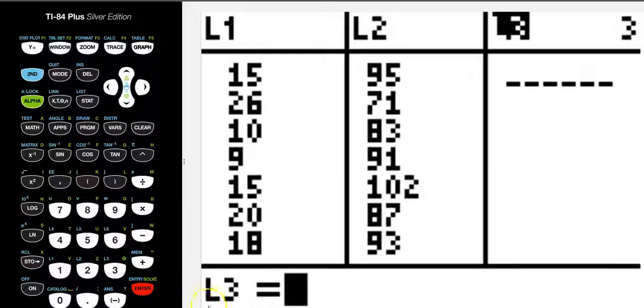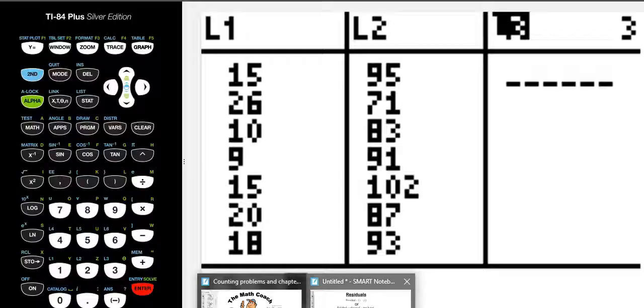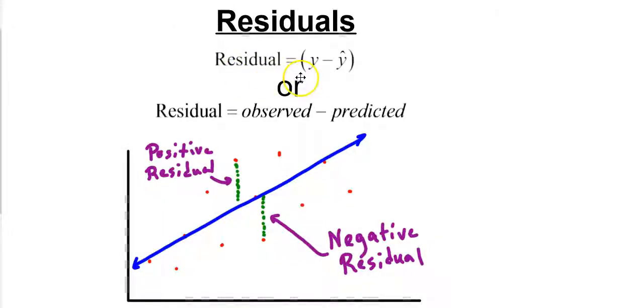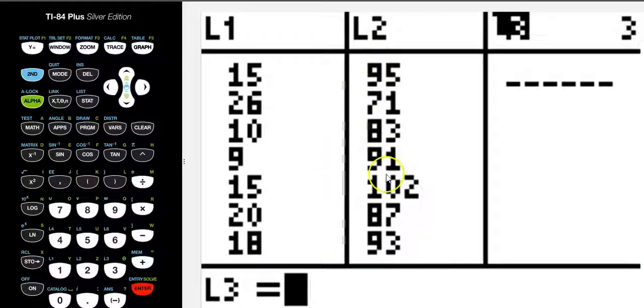Now, based on what we know, the residual is the observed Y minus the predicted Y. And the way we get our observed Y, of course, is by looking at the values we have in list 2. So we're going to say list 2 minus our predicted Y's.